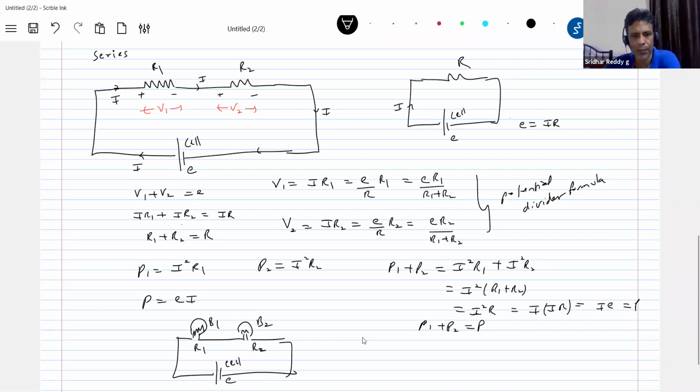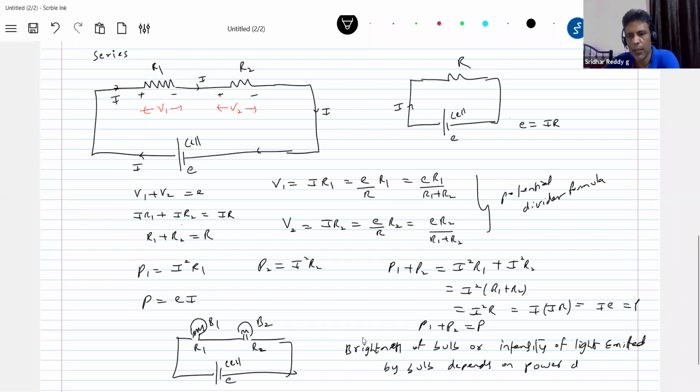Now, the brightness of the bulb, or the intensity of light emitted by the bulb, depends on what?